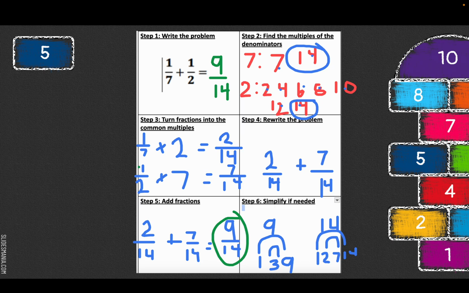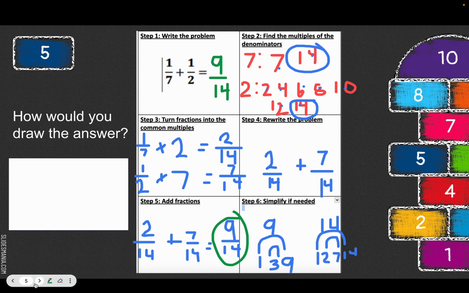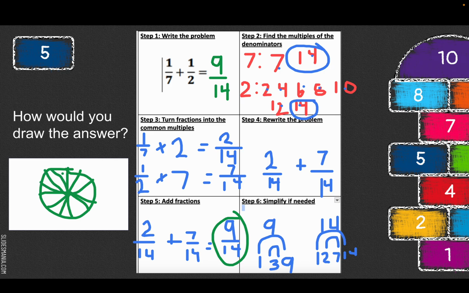So the answer to our problem would be 9/14. Once you solve that problem, like on the test, they're then going to ask you this question. How would you draw that answer? So that's when you would draw your circle, a square, whatever you need, and you would split it your best into 14 pieces. I know it's hard, but you would try your best. 4, 5, 6, 7, 8, 9, 10, 11, 12, 13, 14.